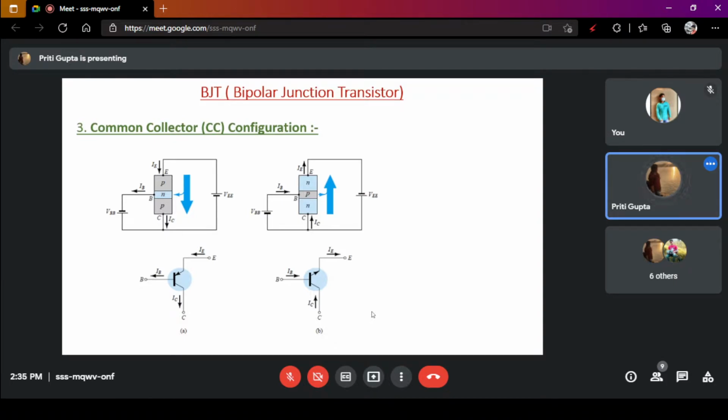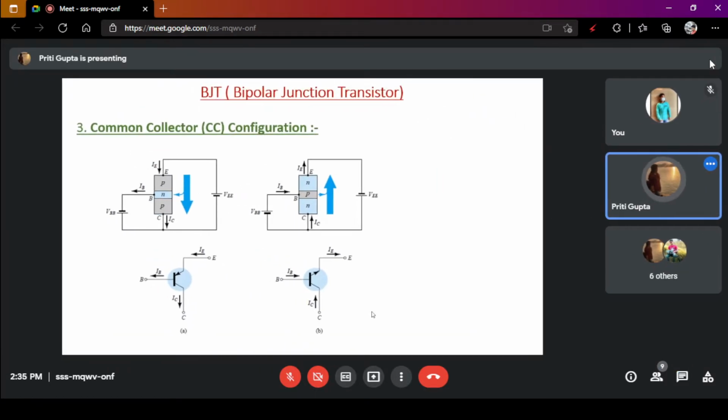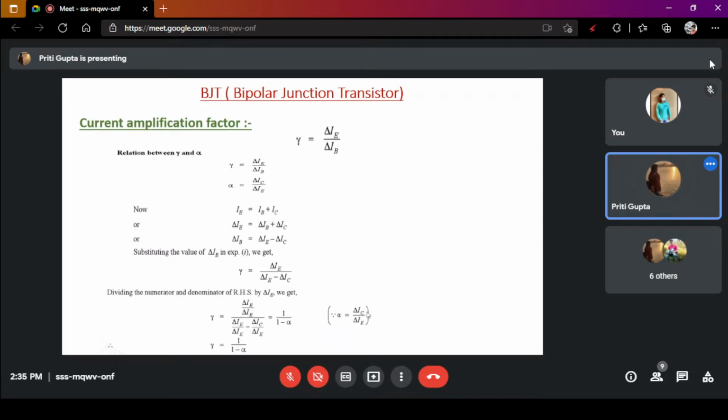Full stop. Have you written up to this? In the next line, write down, therefore, this circuit arrangement is seldom used.